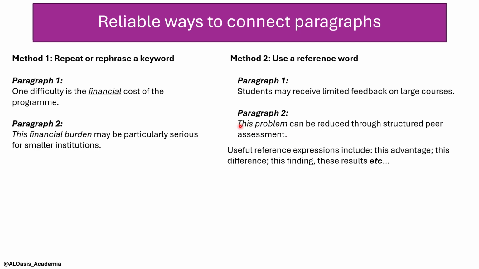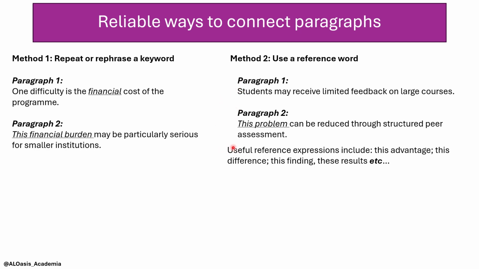So if I am a reader, or an examiner, and I finished reading the first paragraph and then started the second paragraph and found that its first sentence starts with "this problem can be reduced", it tells me that this paragraph is talking about something that was already introduced in the previous paragraph. So this shows a very good connection between these two paragraphs.